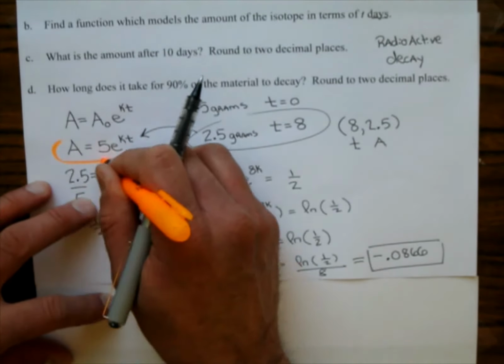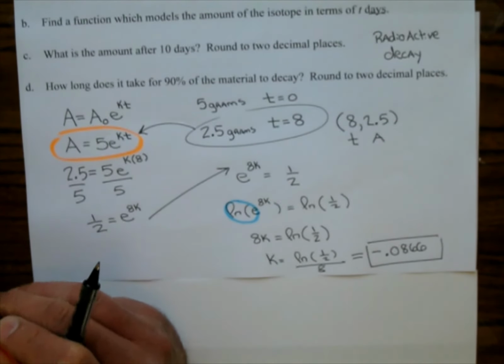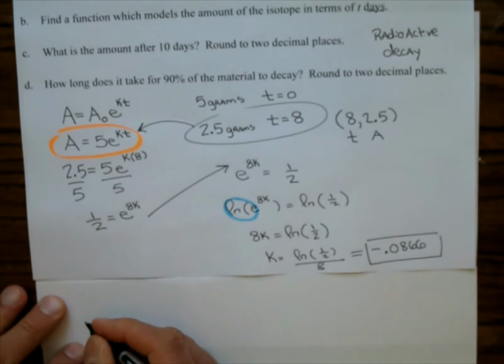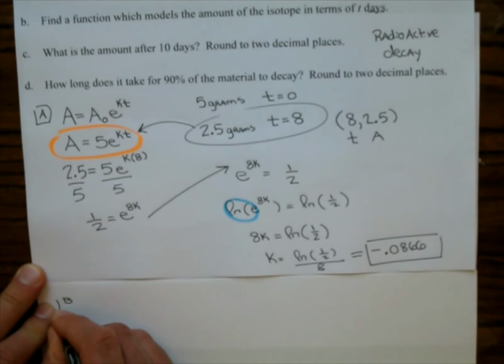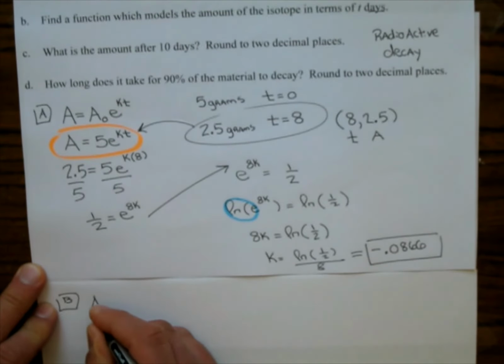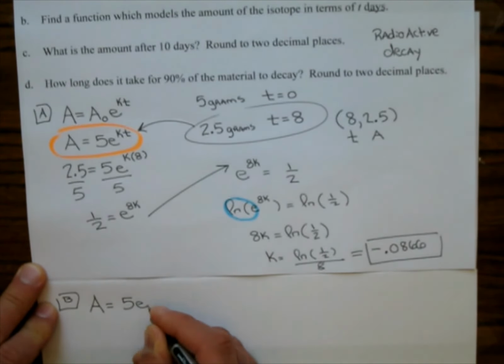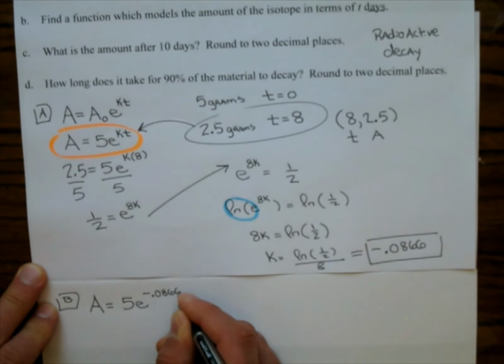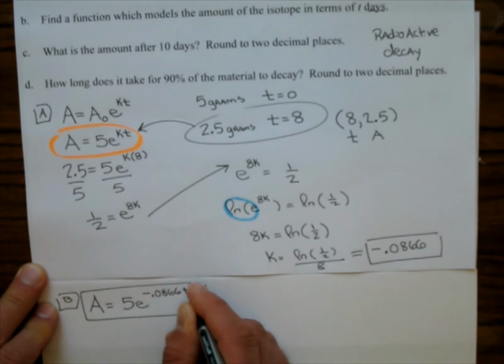And so this is what they're asking us to find, but now we know what K is. We just found K. So this was part A. For part B, I'm writing down that orange equation. A equals 5e to the negative 0.0866 t. So there's the answer, and that A can be written as A of t.